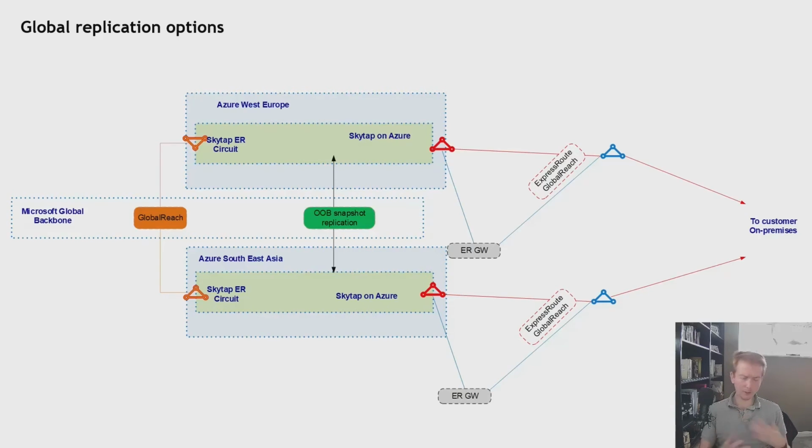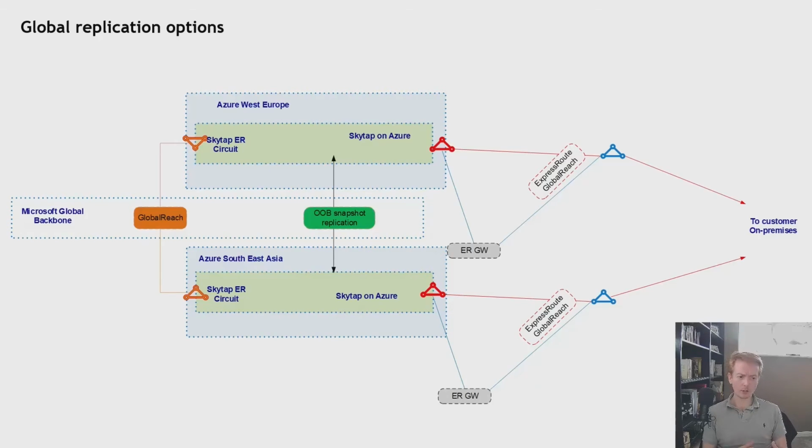So the customer's not really going to think about that. Skytap in West Europe will have back-end connectivity to Skytap in Southeast Asia, thanks to the co-engineering between Skytap and Microsoft. And that will all happen behind the scenes on the Microsoft network, and the customer will never have to think about that. That's kind of similar to how Azure Storage Replication works for things like GRS.